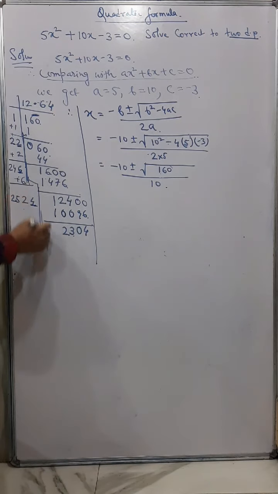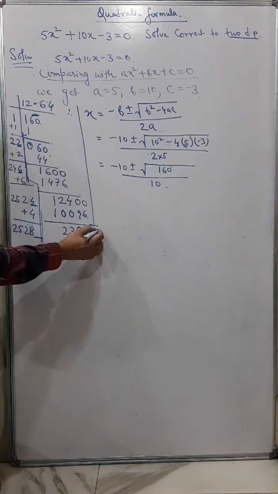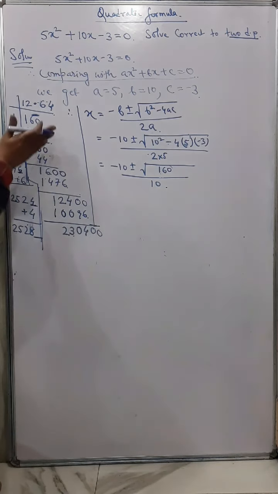So finally again I'll add 4 here. So I get 2 5 2 4 and 4. How much I get? 2 5 2 8. Again this is not a 4-digit number, it's a 5-digit number, and again this is a small number. If I add 2 0, now you don't have to complete this.